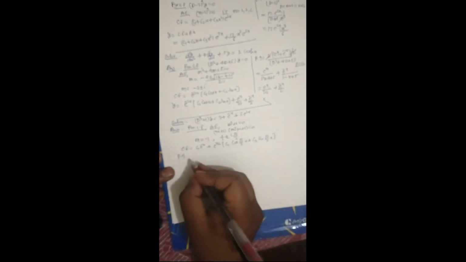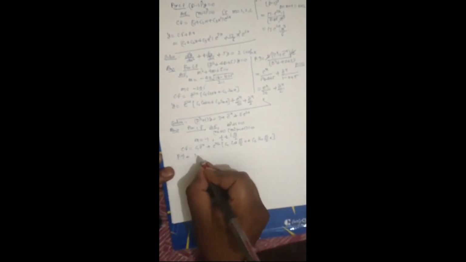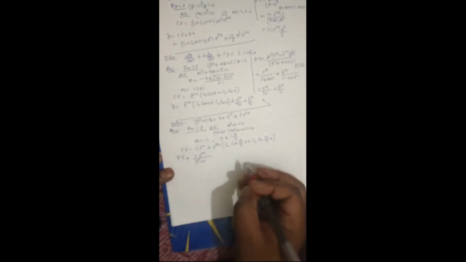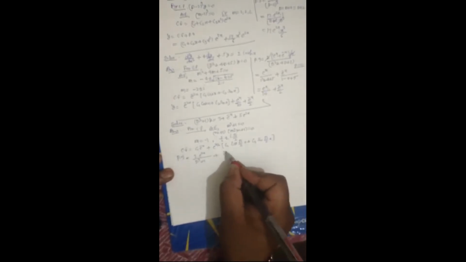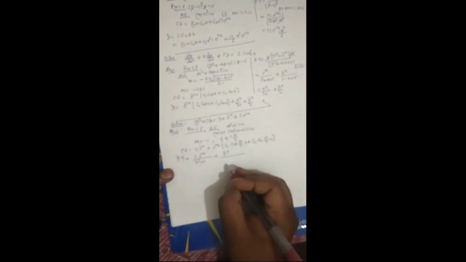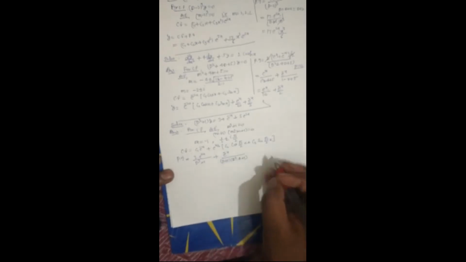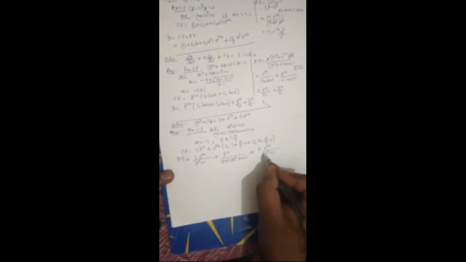Now PI has 3 problems. First, 3 e to the power 0x upon D cube plus 1. Second, e to the power minus x upon (D plus 1)(D square minus D plus 1) after factorizing. Third, 5 e to the power 2x upon D cube plus 1. Now the method of e to the power ax for PI, D is equal to a.